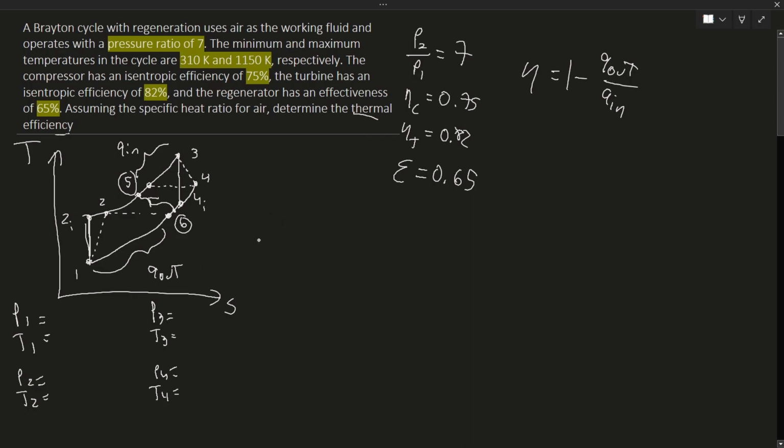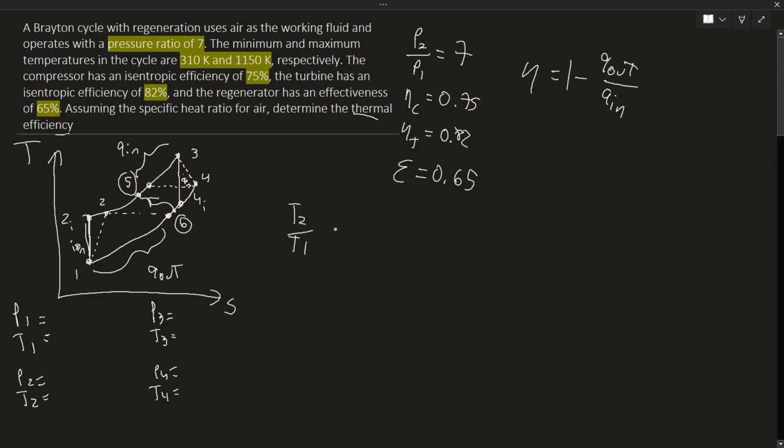Keep in mind, I'm assuming that you learned the simple Brayton cycle, but from point 1 to 2, it's isentropic. Same thing over here, it's isentropic. This diagram's ugly, but whatever.